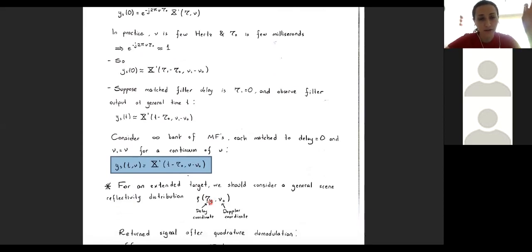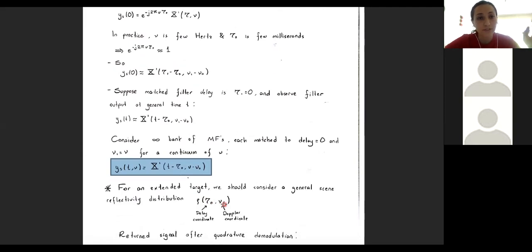So every point on this extended target can have a different distance, can cause a different delay, and can cause a different Doppler shift. So we're going to get different reflection from each point on this extended target.